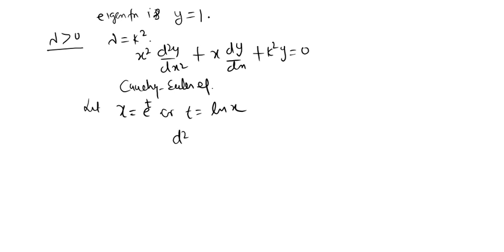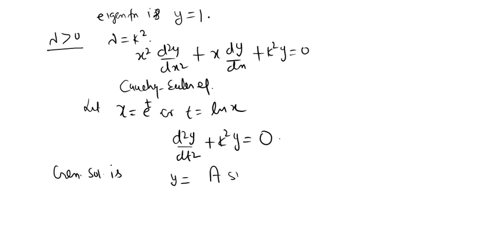So in t, this is d2y by dt square plus k square y equal to 0. So the general solution is y equal to some constant a sin kt plus b cos kt.